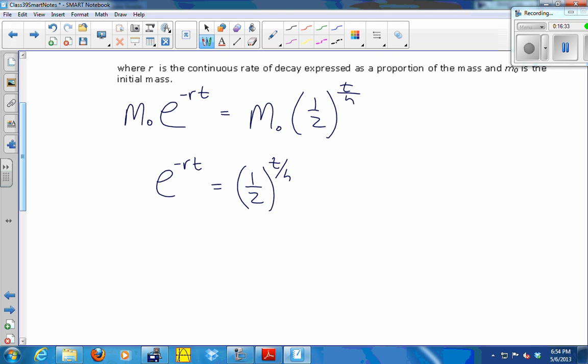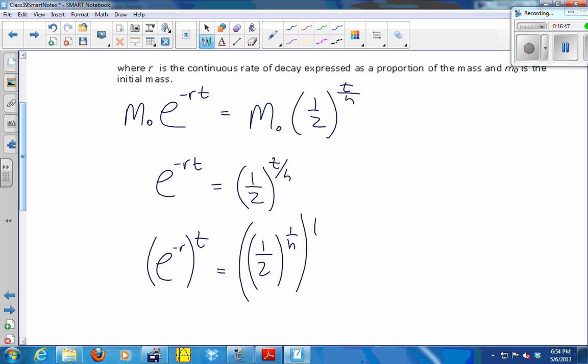I'm going to rewrite e to the negative RT as e to the negative R, to the T. And the same little trick over here, I'm going to do 1/2 to the 1 over H, to the T. Because when you raise a power to a power, you multiply the exponents. 1 over H times T is T over H. All right, so if I have some stuff to the T equals some other stuff to the T, then the two stuffs have to be equal.